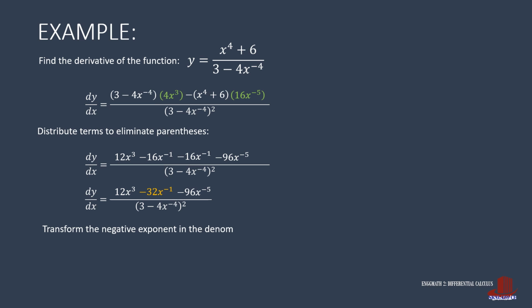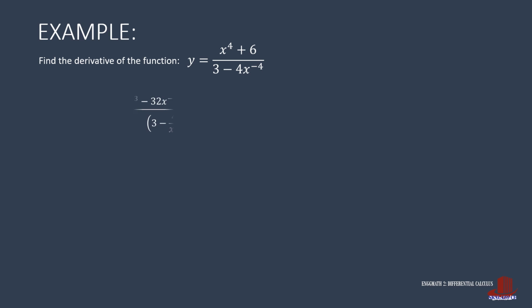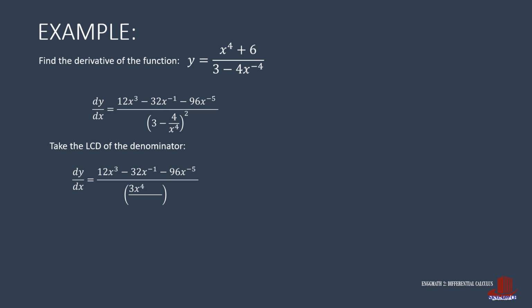Next is to attempt eliminating the negative exponents, especially that from the denominator. 4x raised to negative 4 can also be written as 4 over x raised to 4. Create a single denominator by taking the LCD of x raised to 4. The binomial above then becomes 3x raised to 4 minus 4.